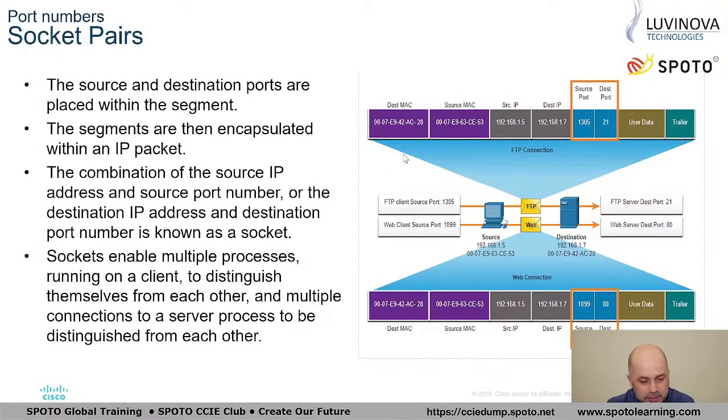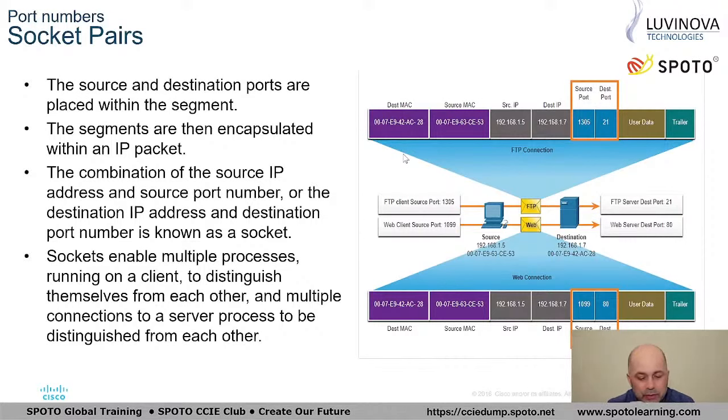The socket pairs. The source and destination ports are placed within a segment, and depending on whether you're sending or receiving, the port could be different. The segments are then encapsulated within a packet.